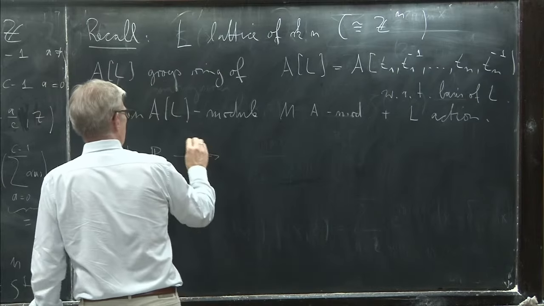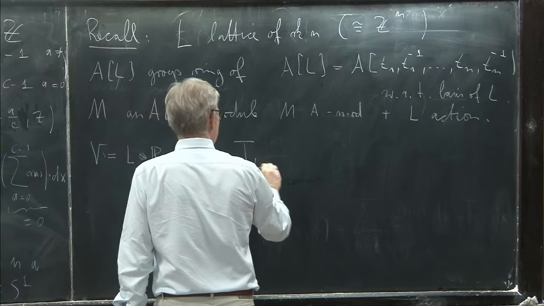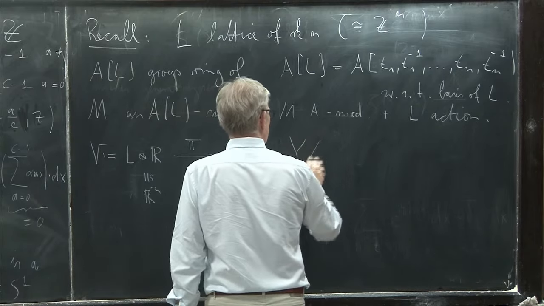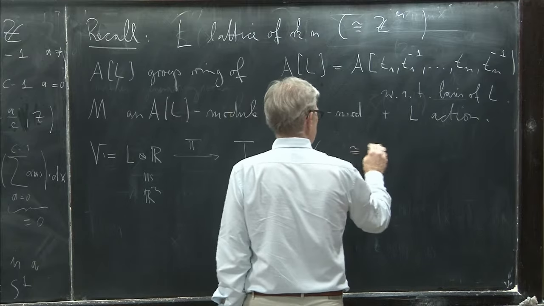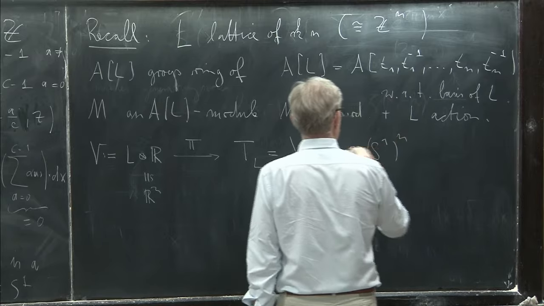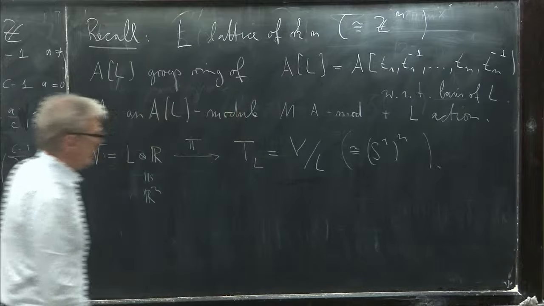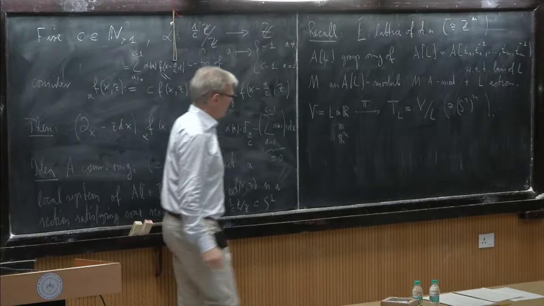Then let us consider T_L, the torus where I divide V by the lattice. That's isomorphic to n copies of the circle. So that's a geometric situation.